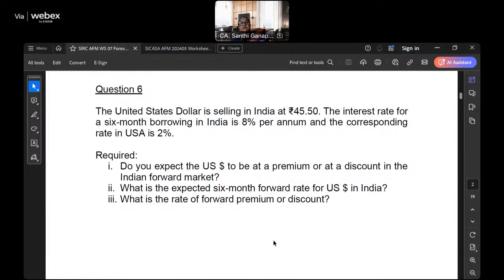Do you expect the US dollar to be at a premium or at a discount in the Indian forward market? Wherever the interest rate is lower, that exchange rate will be at a premium. When you look at the interest rates, India it is 8% and US it's 2%. So relatively the US interest rate is less and therefore it will be at a premium.